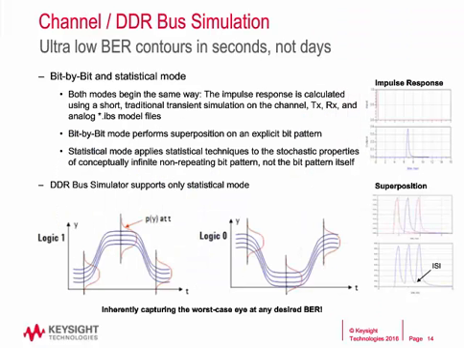They both start with getting the impulse response of the channel, then bit-by-bit mode performs superposition on an explicit bit pattern and analyzes inter-symbol interference. However, statistical mode applies statistical techniques to get ultra-low BER contours so that it inherently captures the worst case ISI at any desired BER.